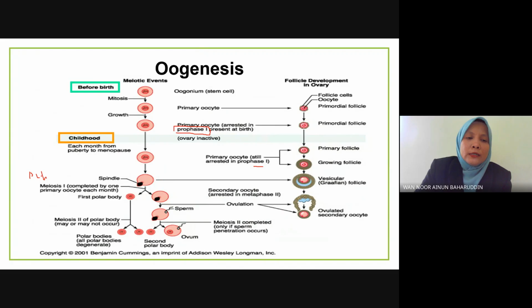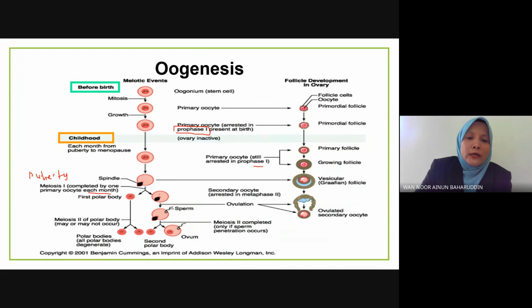During puberty, FSH calls for meiosis 1 to complete the cycle. It is one primary oocyte for one month.